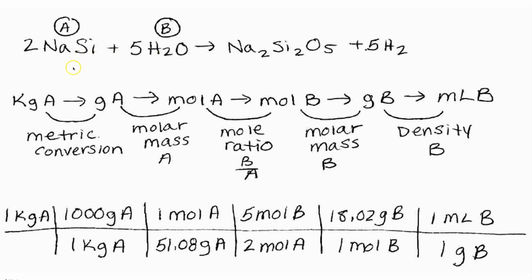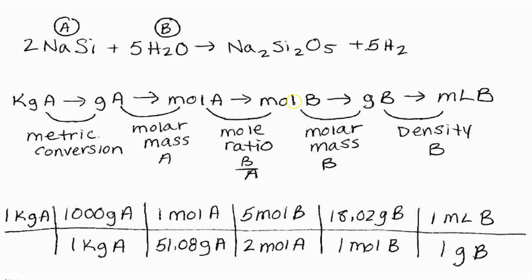So if I set up my molar highway, we're going to go kilogram of A to grams of A. That's just a metric conversion, easy enough. Well, once I have grams of A to moles of A, molar mass, nothing new there. Been doing that for a while now. And then I got to get from moles of A, which is sodium silicide, to moles of B, which is water, using the mole ratio, which is the key to stoichiometry.